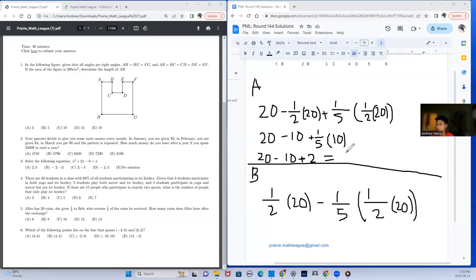And that equals 12, because 20 minus 10 plus 2 is 12. And that's the amount of money Alice has left over. So the answer to number 5 is D. And we're going to record that.